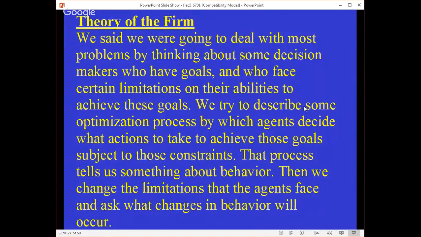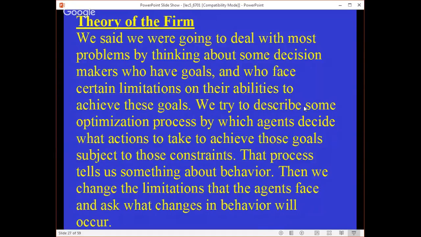So basically, just like we did with theory of the consumer, I'm thinking about a decision maker, an agent, in this case, the firm or the manager of the firm, who has goals, faces constraints, limitations on the ability to achieve those goals. So I'm trying to describe some constrained optimization process, which means I'm trying to get the goals given the constraints I have.